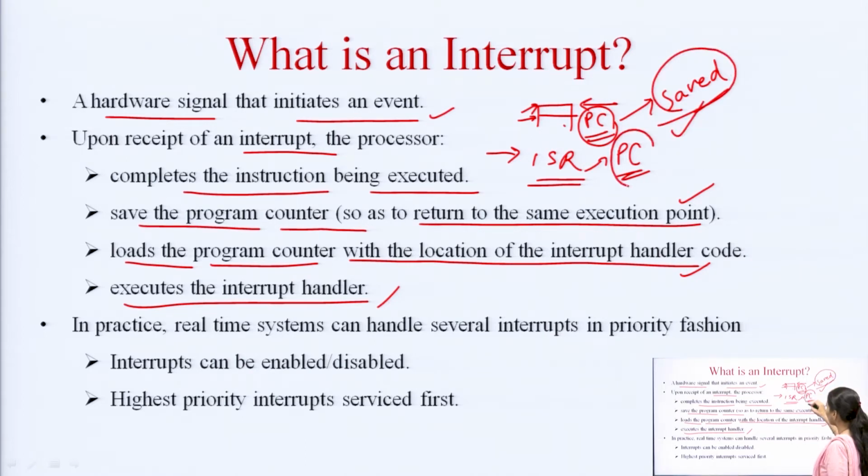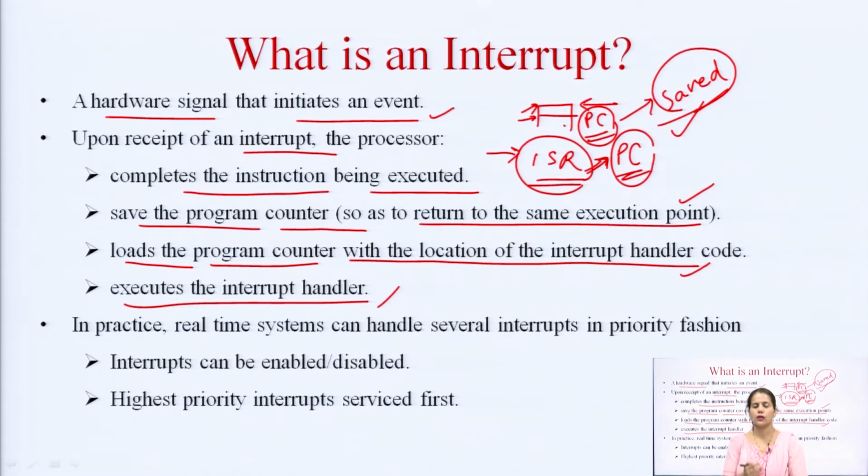Now, the program counter should hold the address location of the next instruction to be executed. So, now we are going to execute the interrupt service routine. So, the memory location of the interrupt service routine should be saved to the program counter. Whatever is stored in the program counter will be executed next.